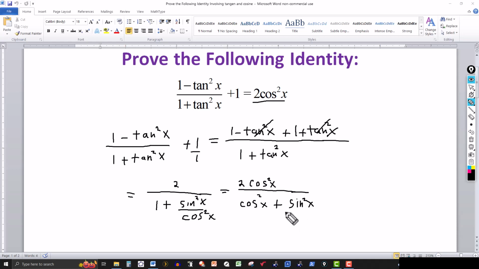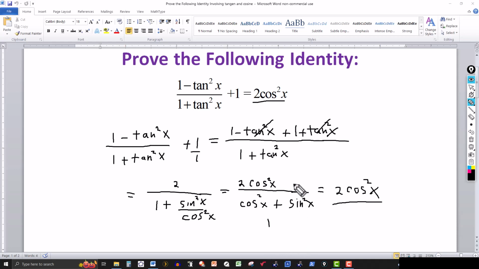We know that cosine squared of x plus sine squared of x, or the other way around, sine squared of x plus cosine squared of x, this is 1. So all that gives me then is 2 cosine squared of x over 1, which is 2 cosine squared of x. And that's what we wanted to get. Those are the results. And that is the proof or the verification for this particular identity.